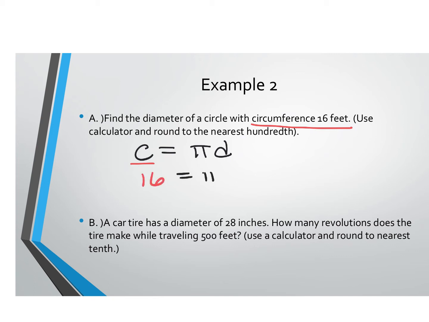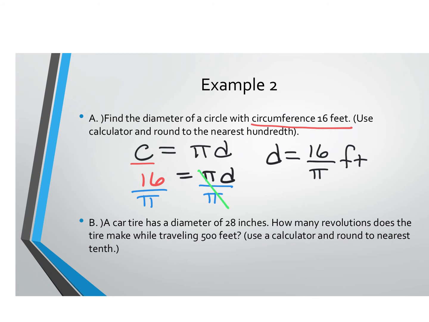Rewrite my pi d. And now, left in terms of pi, all I need to do is divide both sides by pi. It cancels it from here. So left in terms of pi, the diameter is 16 over pi feet.